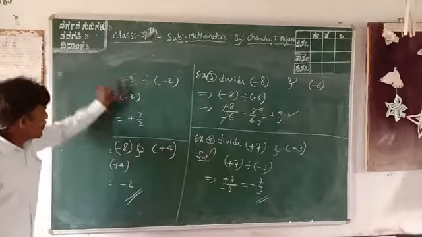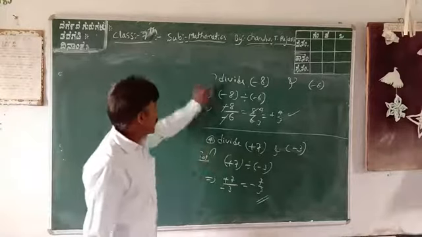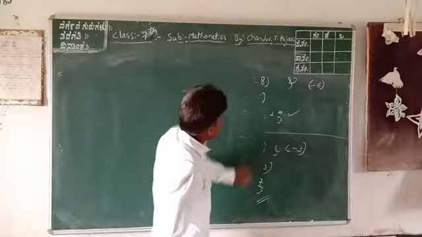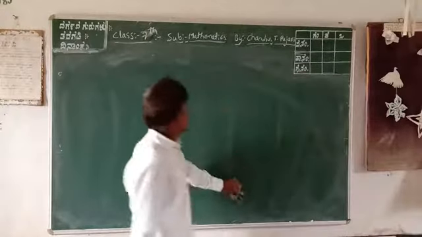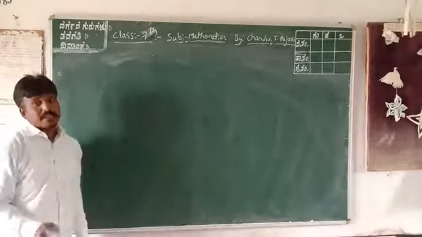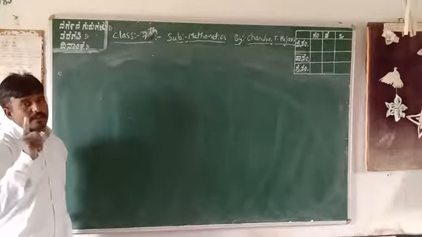Okay, next you can study the properties of division. Some properties on the division. You know about properties: closure property, commutative property, associative, distributive, and identity also.